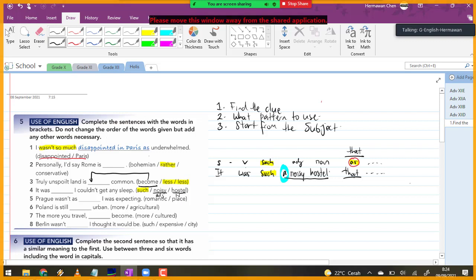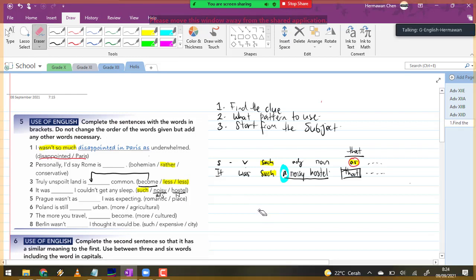Itu hotel yang berisik, jadi saya nggak bisa tidur. That's the meaning. Okay, that's why we have to use that. This is number 4. Any question? None? Okay, I will continue to number 5.